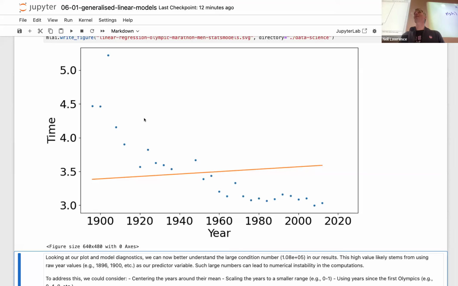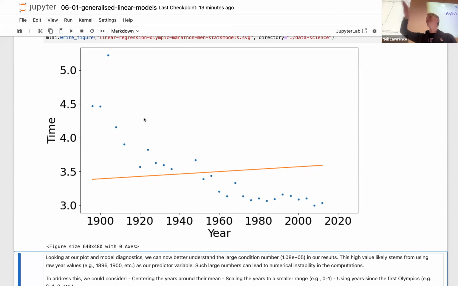This is y equals mx plus c. And what have I effectively removed? C. So what's the intercept of this model forced to be? 0. So yeah, and look at the year, right? So where's it intercepting? At 0, yeah.